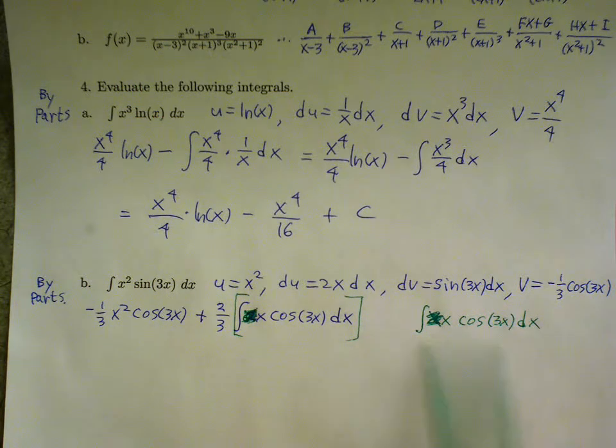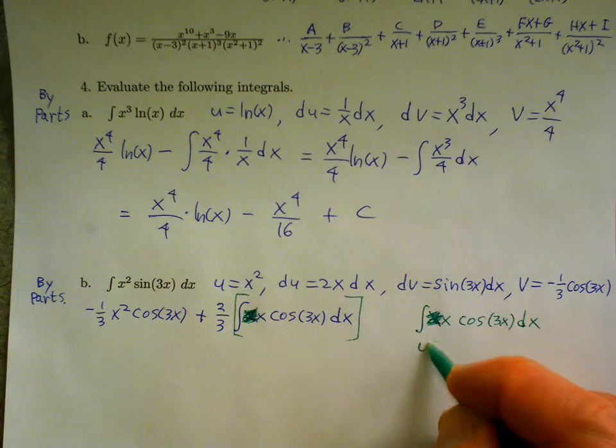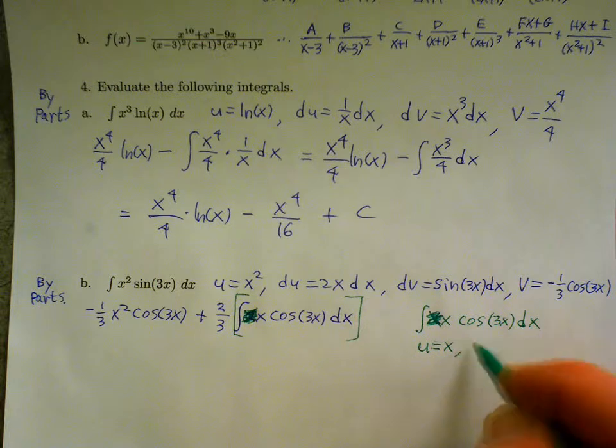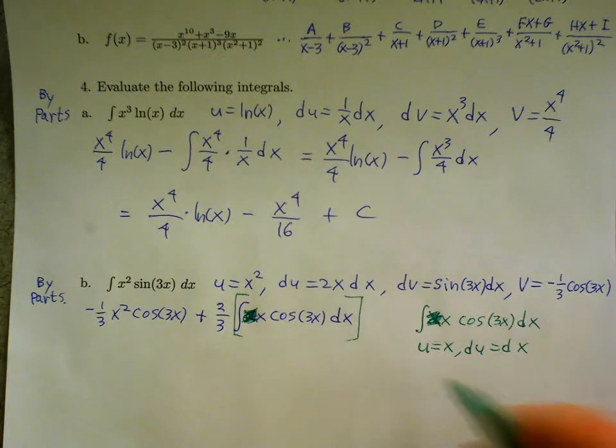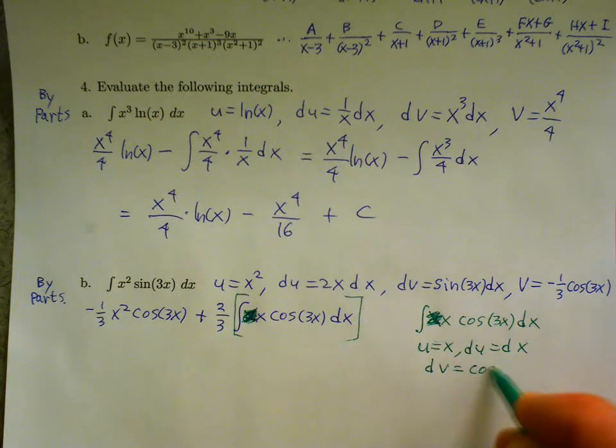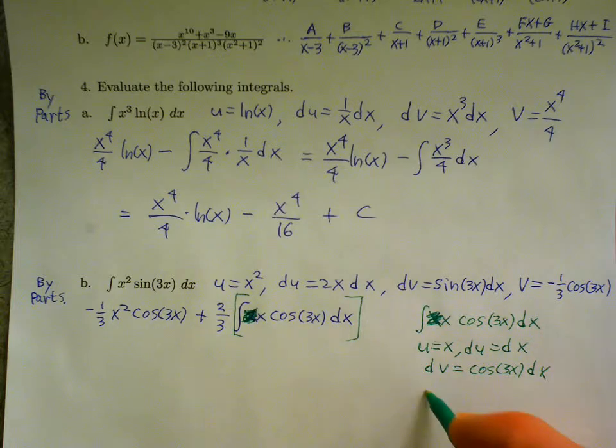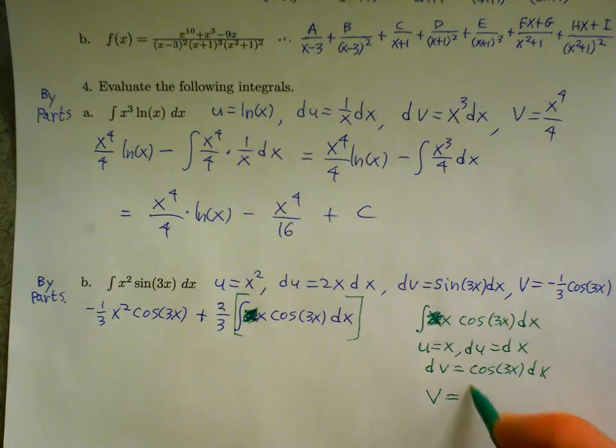Okay, so integrate this by parts. So u is x and du is dx. dv is cosine of 3x dx, and v is 1/3 times sine of 3x.